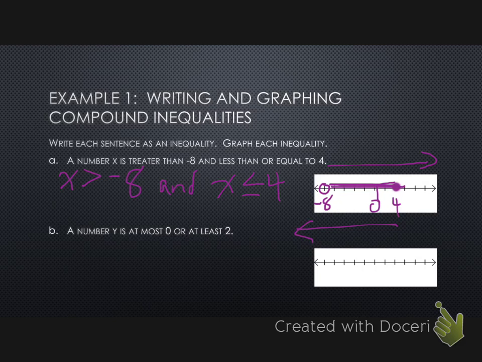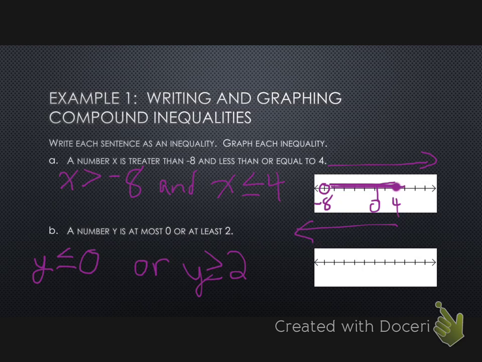A number y is at most 0, so that means it's going to be less than or equal to 0, or at least 2. Remember with the or, we're going to have two different arrows going two different directions.